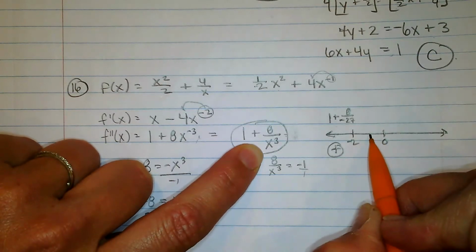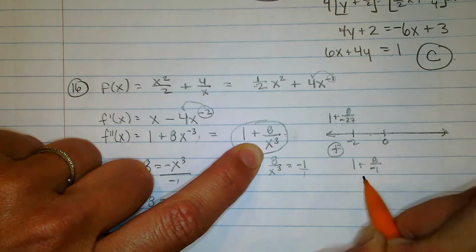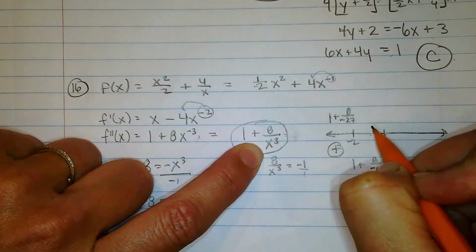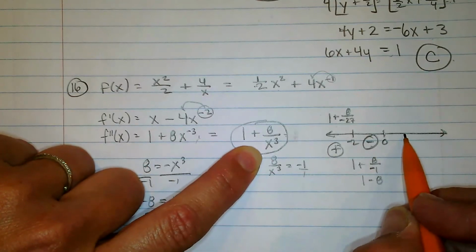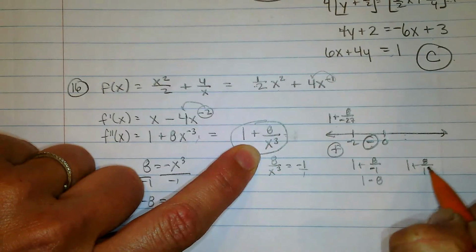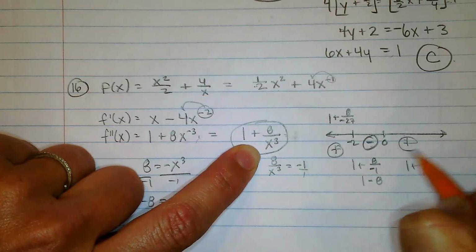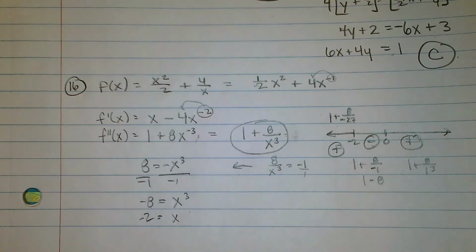When I plug in negative 1, I'm going to get 1 plus 8 over negative 1, which is going to be 1 minus 8. So that's definitely a negative, concave down. And when I plug in 1, I'm going to get 1 plus 8, which is still positive. So concave up anytime we're less than negative 2 or greater than 0.